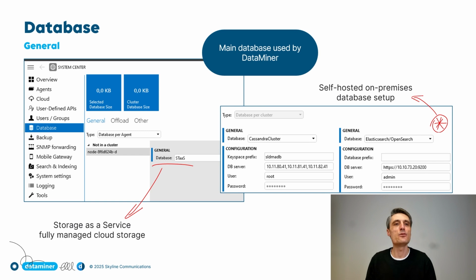So the easiest way of hosting your data, or having that database available with all the storage capacity, is going for STAS. STAS is storage as a service. It is fully redundant. It has all the backup and high availability because it's not even using Cassandra and Elastic. It's using cloud native storage in Microsoft Azure.